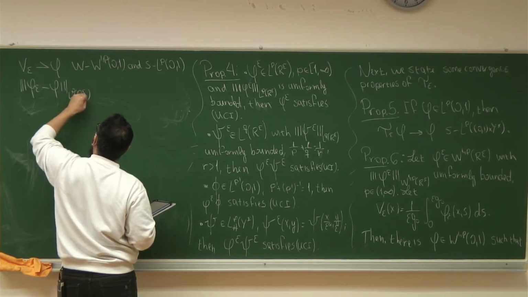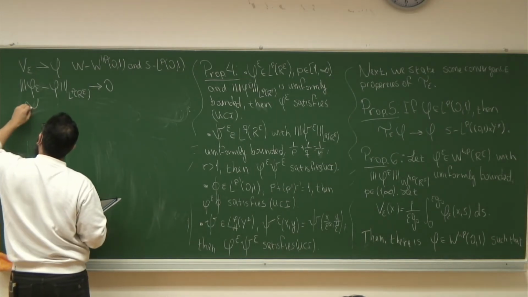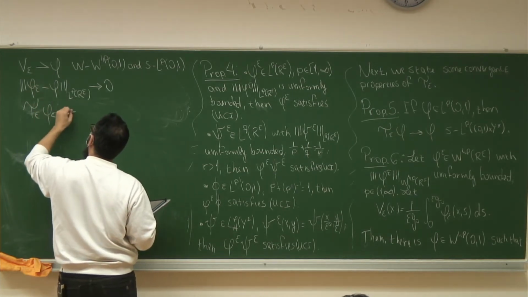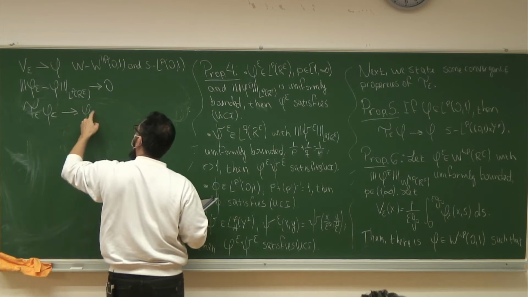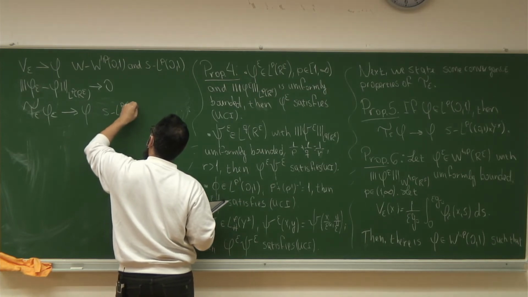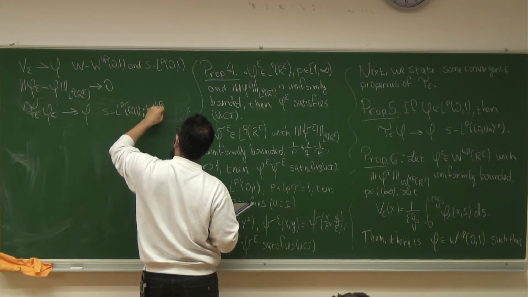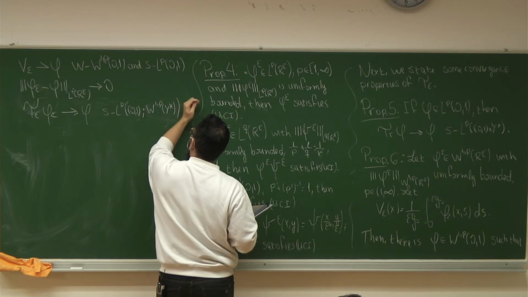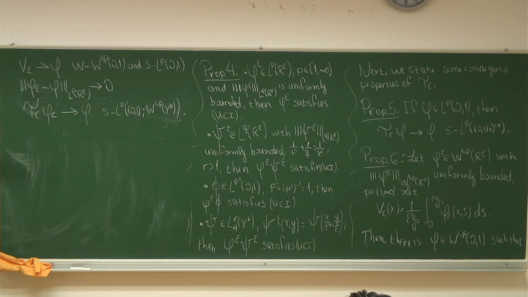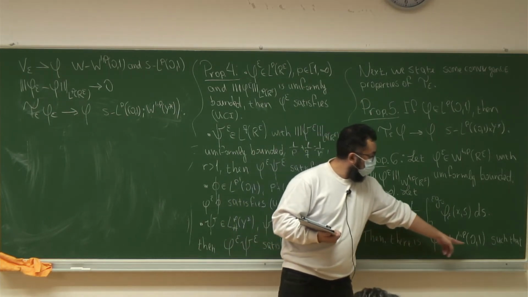In LP, this will converge strongly to 0, and the unfolded phi epsilon will converge strongly to phi in LP of 0, 1 to values in this space.